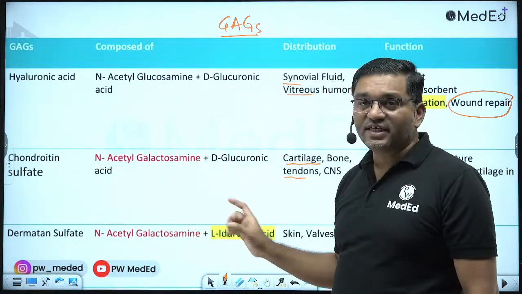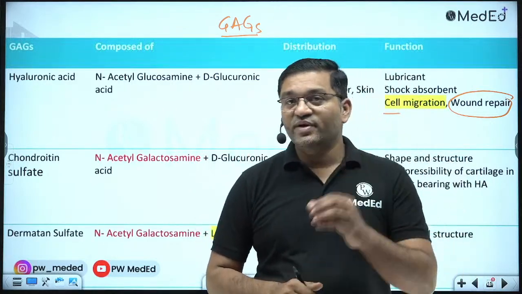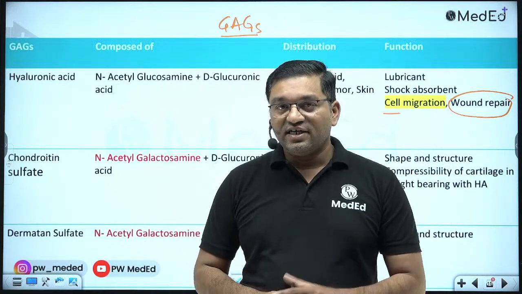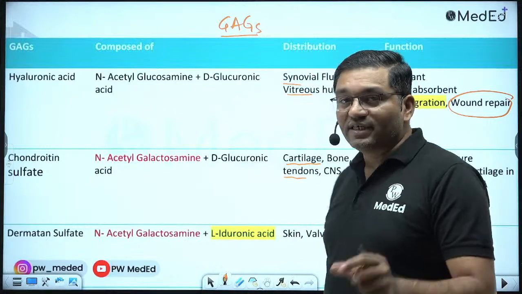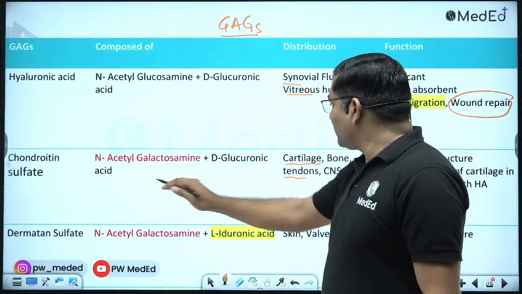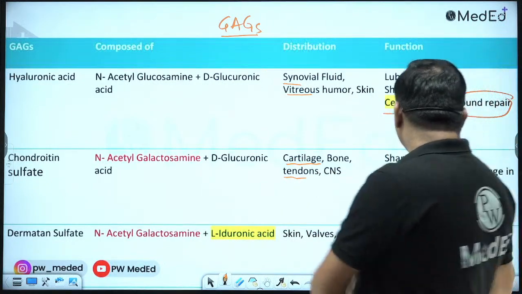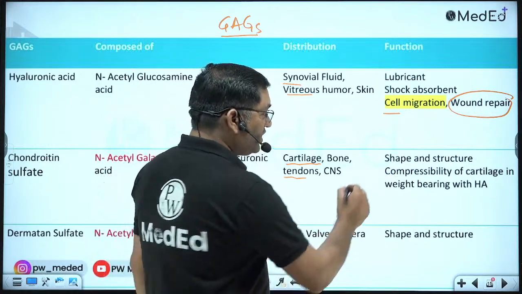So all contain D-glucuronic acid except dermatan sulfate, which contains L-iduronic acid. Also heparin contains L-iduronic acid, and keratan sulfate does not contain any uronic acid. It contains N-acetyl glucosamine plus galactose. Okay, so chondroitin sulfate, cartilage, bone and tendon, is important for shape and structure, and along with hyaluronic acid, this point is very, very important.